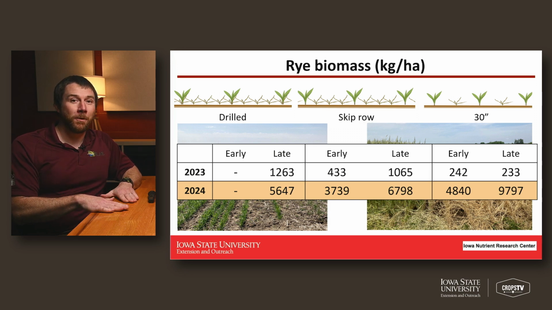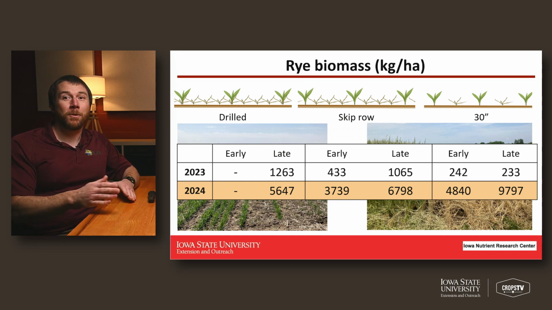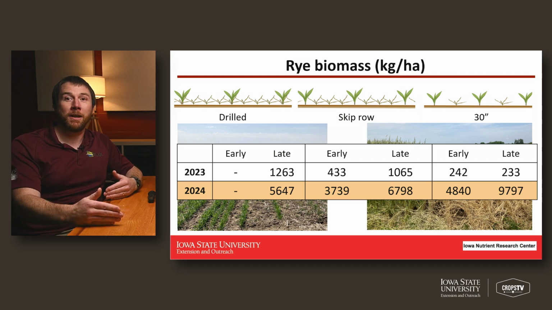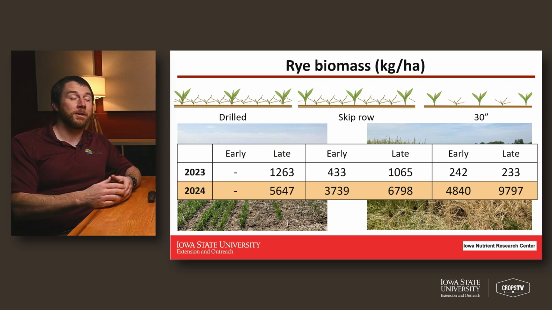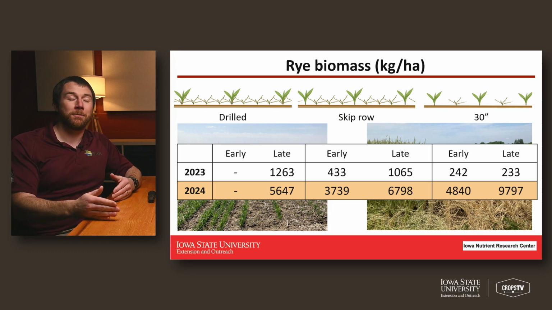And in 2024, you can see 5, 6, 7, 10, 20 times as much biomass that second year than the first. There are a lot of really neat interactions between how much space was available for the rye to expand. If you look at the 30-inch rows, the late termination timing had the most biomass, which was pretty unexpected, but a neat demonstration of what rye can do if it's given enough water, growing degree days and space.